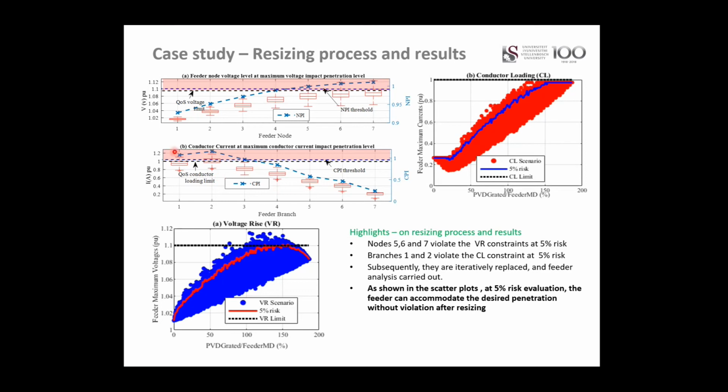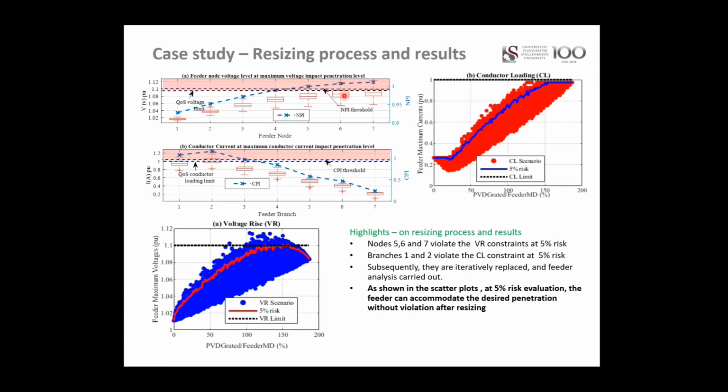It illustrates that conductor number 1 and branch number 2 are violating your performance because they're above 1. If you consider the performance of your voltage, you can see that nodes 5, 6, and 7 are above your 1.1 mark.